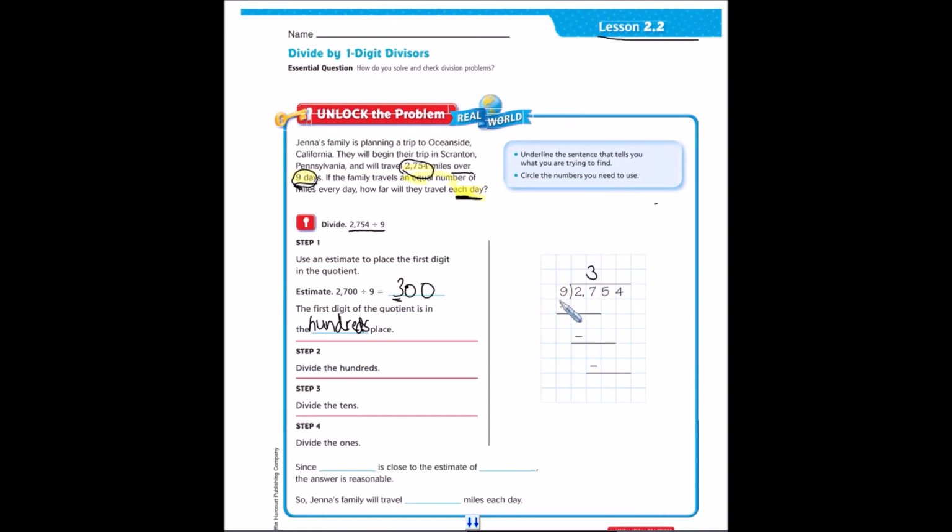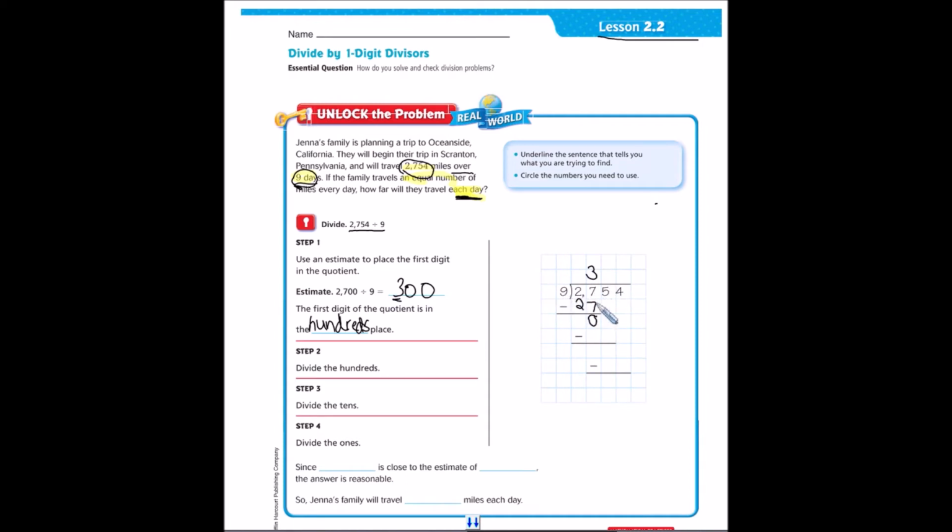So now I'm going to divide my hundreds. So 9 goes into 27 3 times. 3 times 9 is 27. And 27 minus 27 gives me 0.